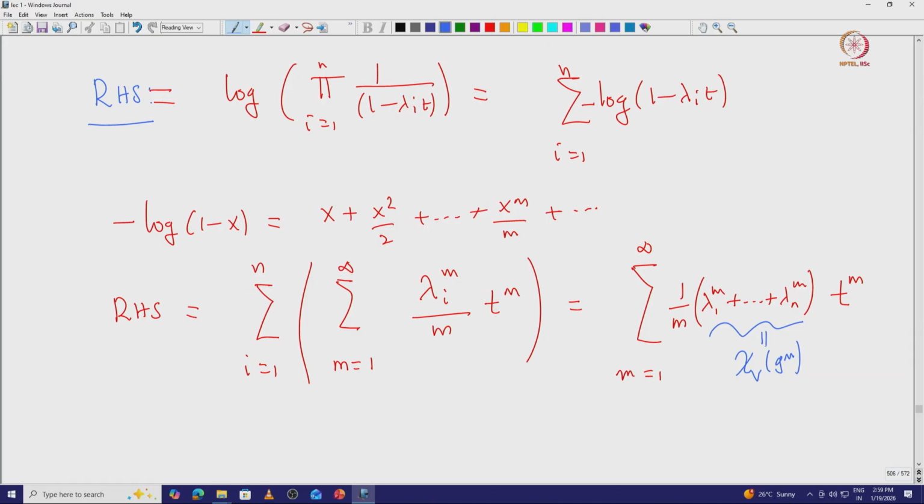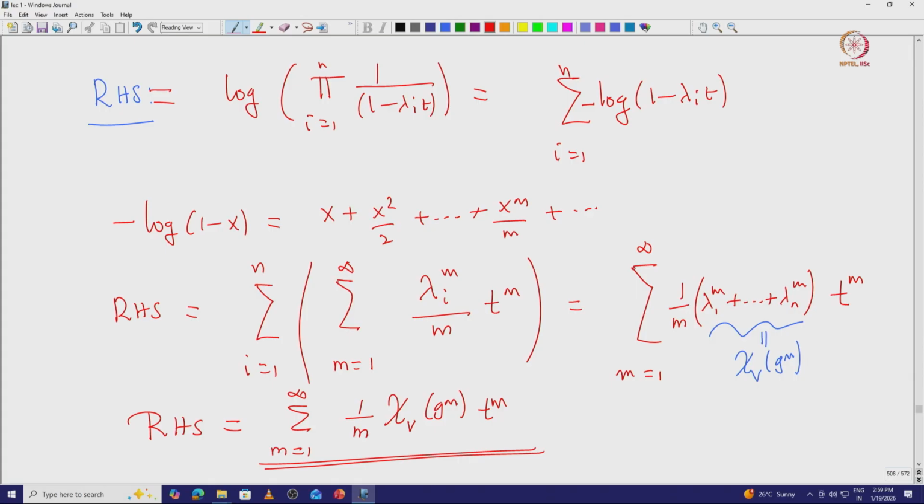Okay, this is exactly this. So if you do the substitution, then we can see that the right hand side is exactly equal to the summation m from 1 to infinity of 1 by m, the character value chi_V of g power m, t power m. So this is what we get.